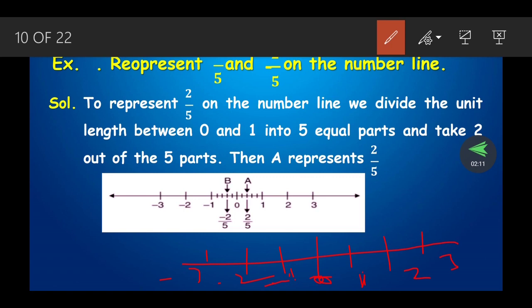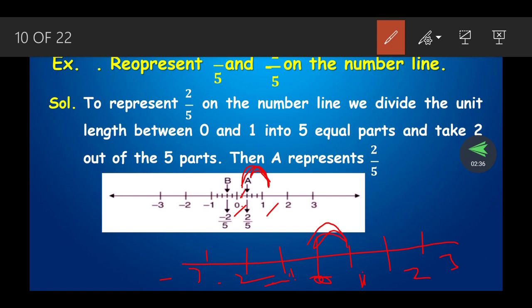What will we do? The place between 0 and 1, this part between 0 and 1 is divided into 5 equal parts. Here we have 0, here we have 1.